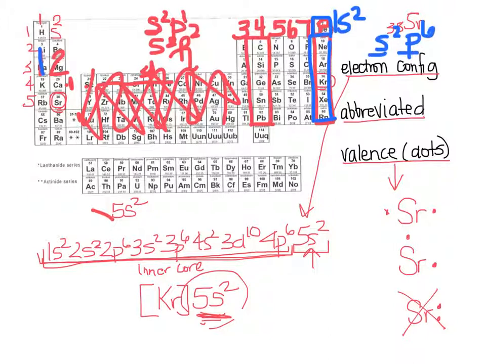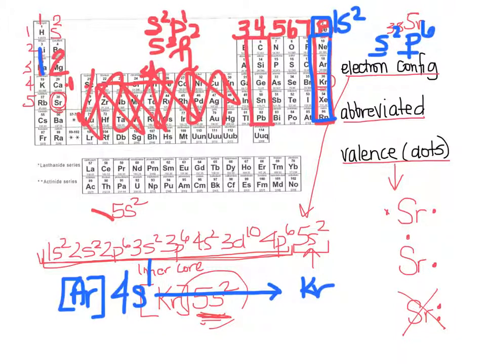Now, that means that, for example, if we were to look at potassium, potassium had argon and then 4s1. Well, the question is, is it going to be easier for it to gain another 7 to look like krypton, or is it going to be easier just to lose that 1 and then it'll look like argon? So it's going to be much easier to lose 1 electron.